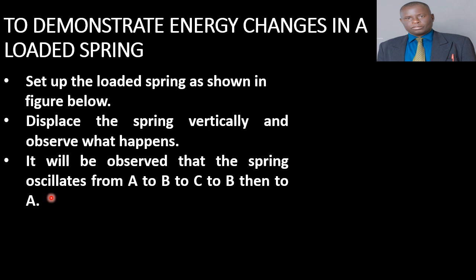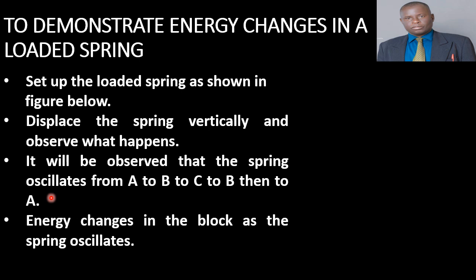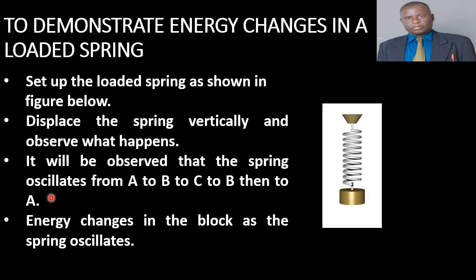The energy of the mass changes from potential energy to kinetic energy to potential energy again, and back to where it started. So the energy changes in the block can be shown here.